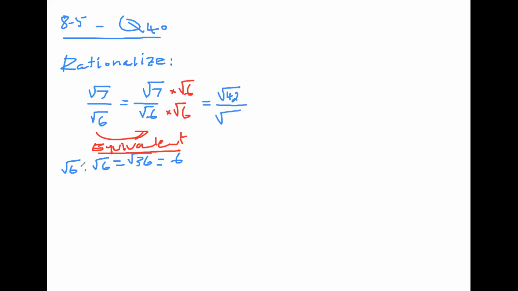Over, as we did earlier, 6 times 6 is 36, which is radical 36, so this turns into just 6. Can we simplify radical 42?